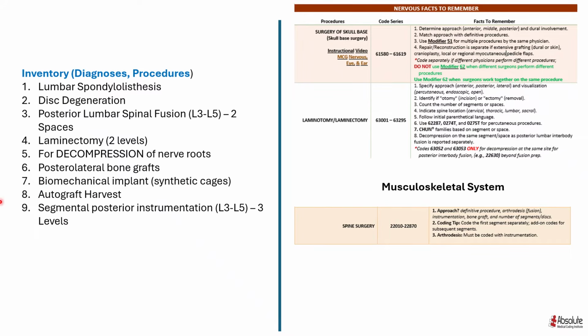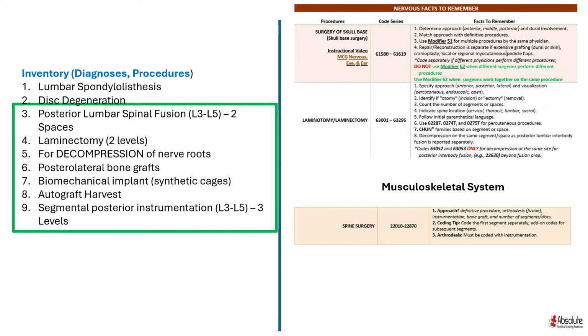And those guidelines are going to come from the nervous system. So when you're coding for laminectomies, I would look at those guidelines. It tells you that you need to specify that approach. And I'm telling you, if you specify the approach, you're halfway there. Is it anterior, posterior? Is it lateral, etc.? Also, identify if it's an otomy or ectomy, right?